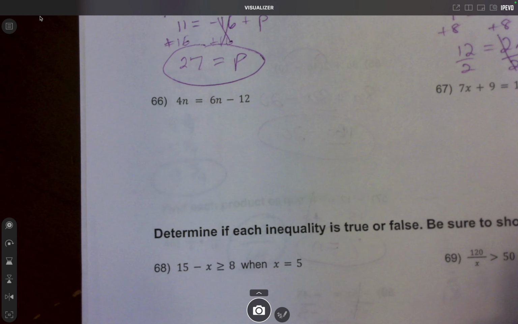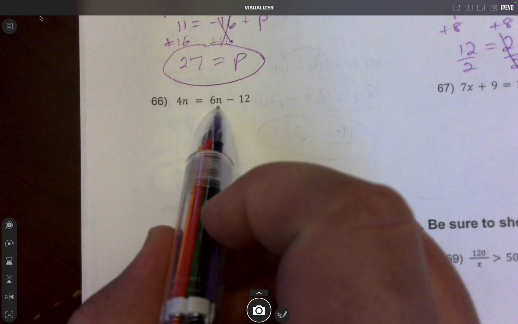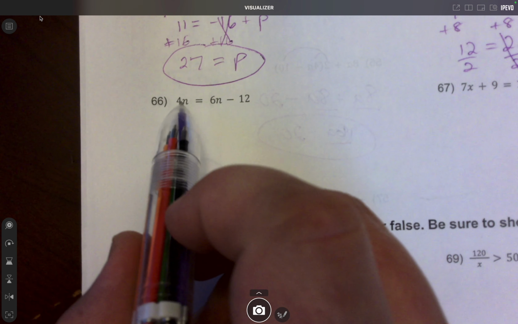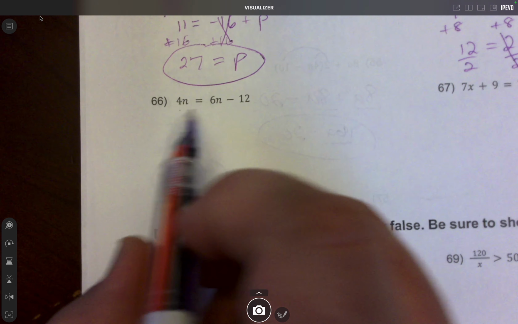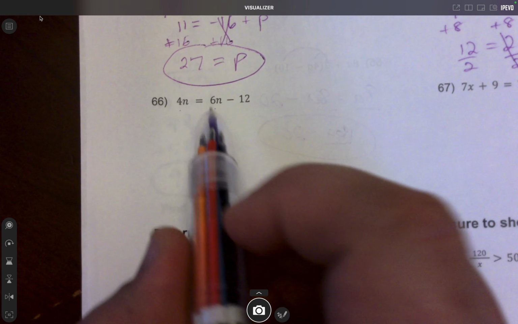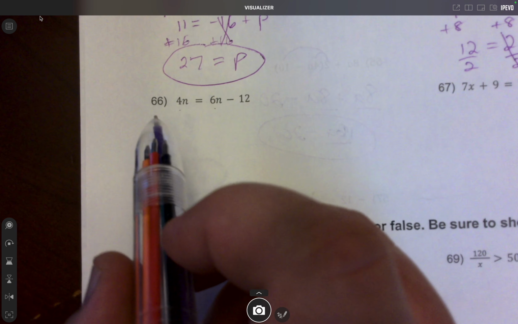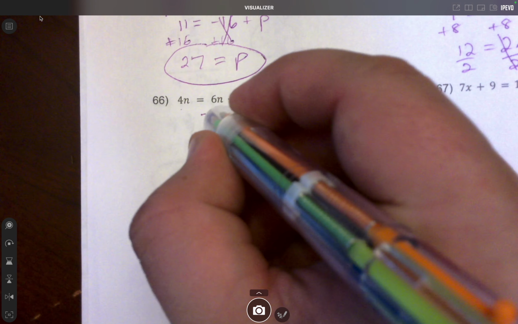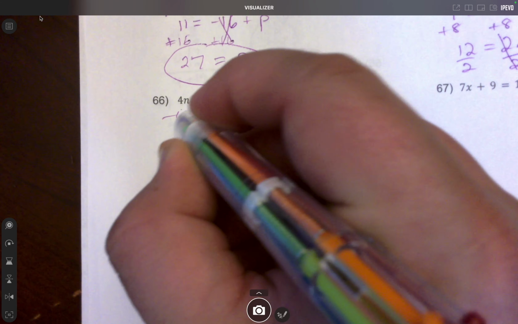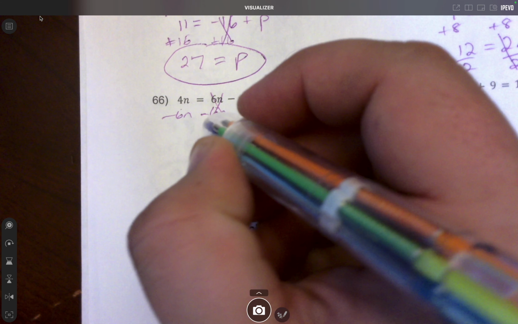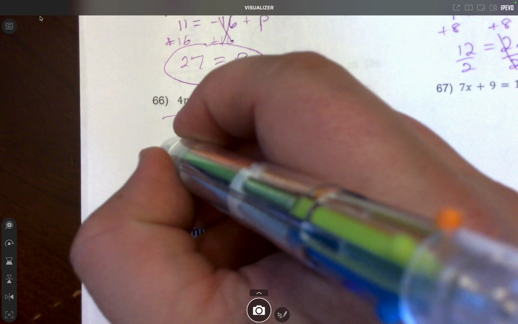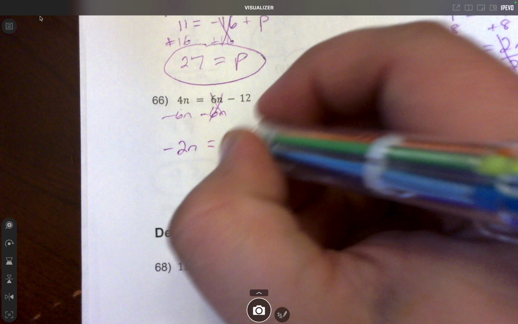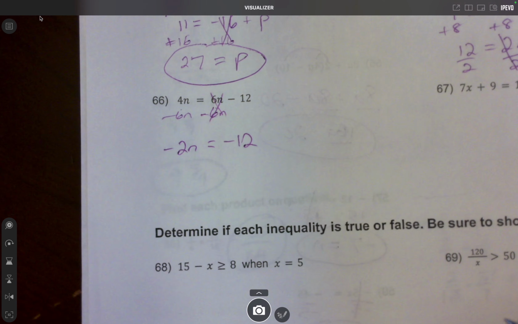Okay, 66. Now in this case, again, you are allowed to move either one. It's not that you can't get the right answer, but since I wanted to get the n's by itself, and this one has just n's on this side, it's quicker. It's not the only correct way, but it's quicker if I go and subtract the 6n over to this side. So 4n minus 6n is negative 2n, and I have a negative 12 left over.